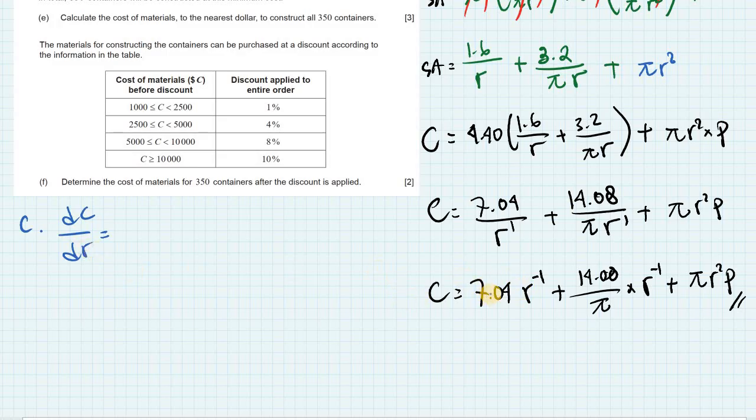We have the first one, 7.04 r to the power of negative 1.